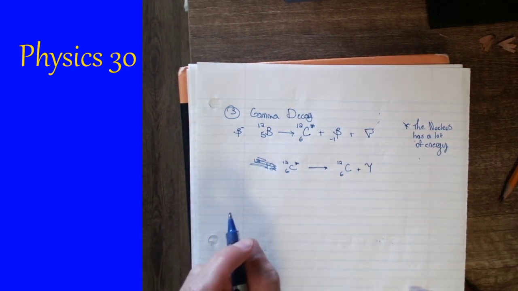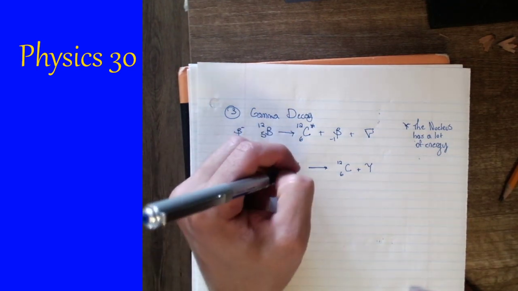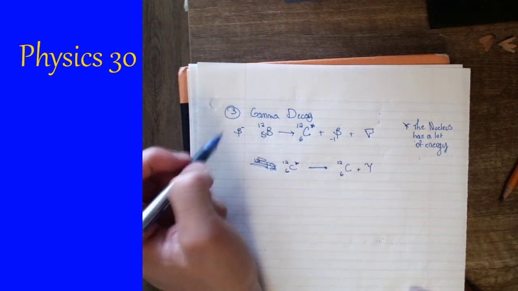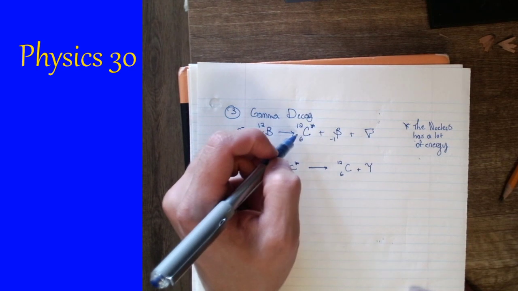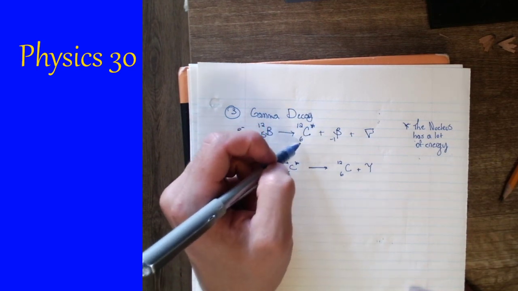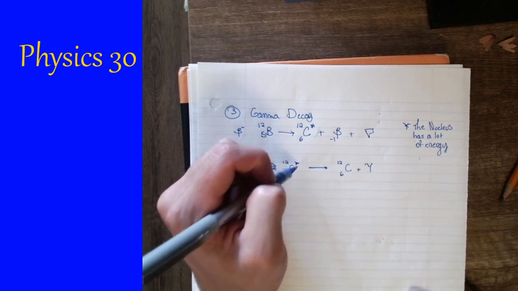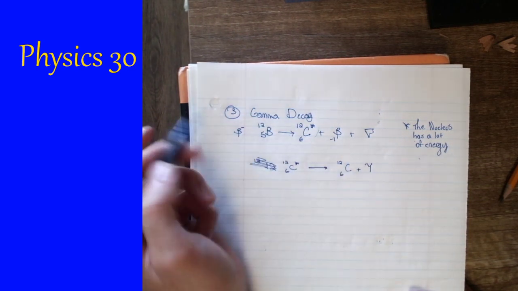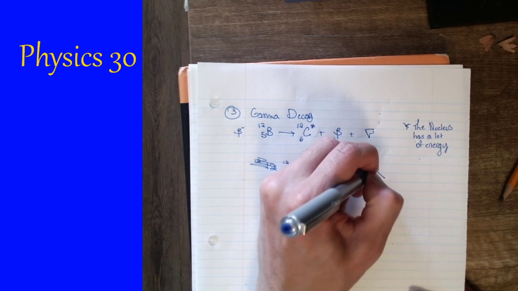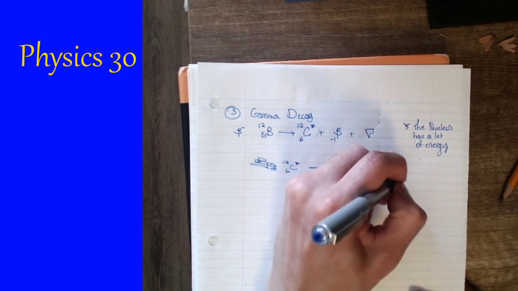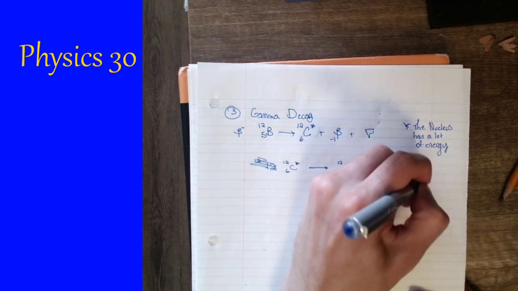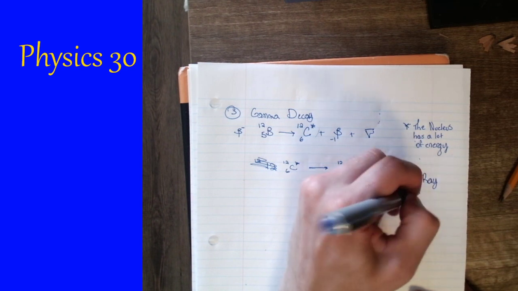Okay, so essentially when some processes of radiation happen, the nucleus that's left over has quite a bit of energy, and so it gets rid of that energy by undergoing gamma decay. And this is a gamma ray photon.